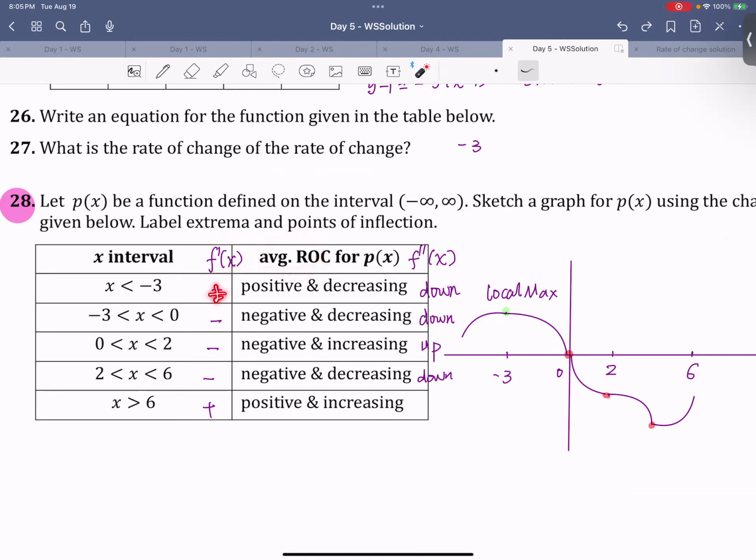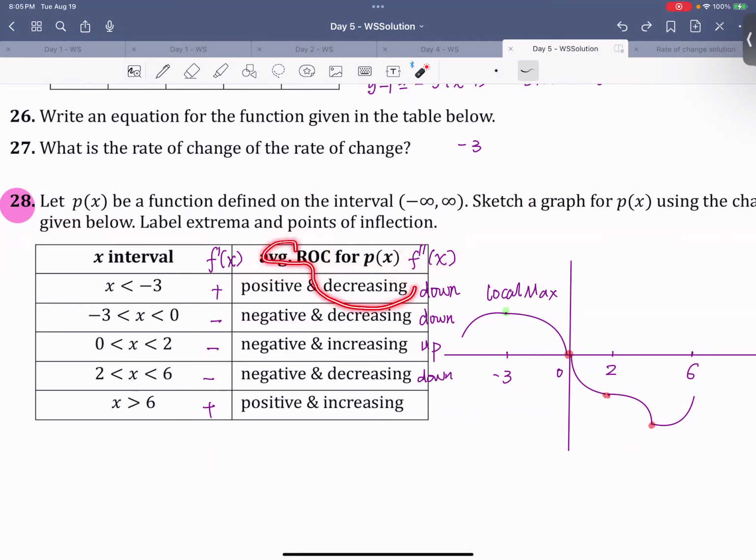Positive means your curve is increasing. Negative means your curve is decreasing. Now, this is easy to understand. Now, average rate of change is decreasing. This is the second derivative.